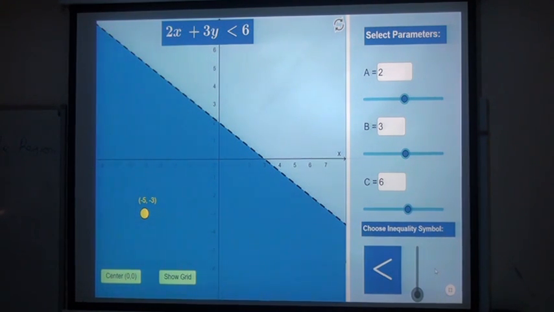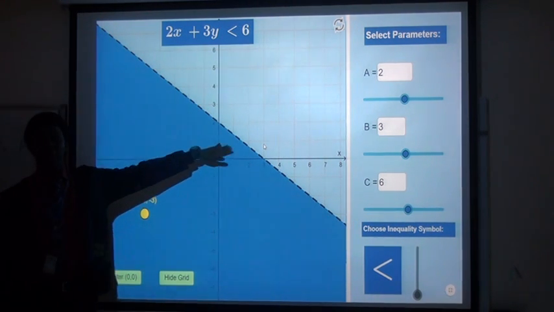When you have an inequality of two variables, choose the inequality symbol here. Look at the intercept. There is another one that will show you the intercept.